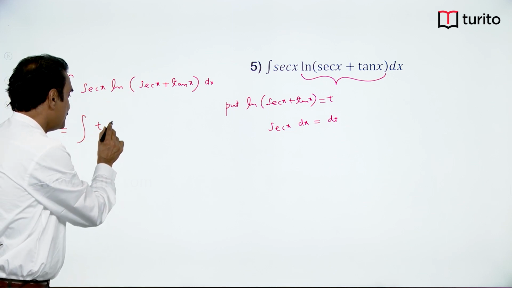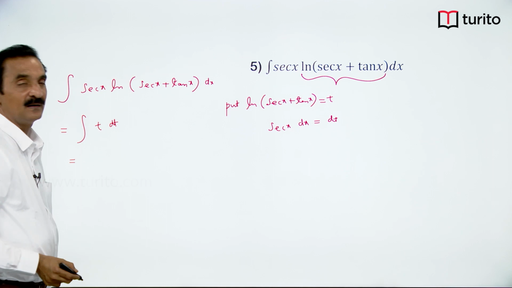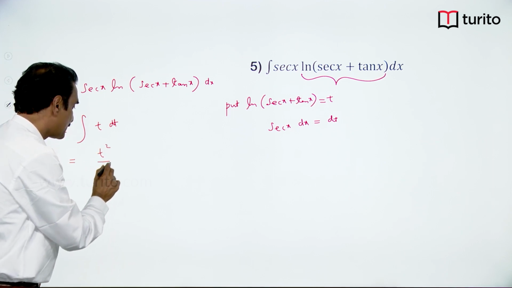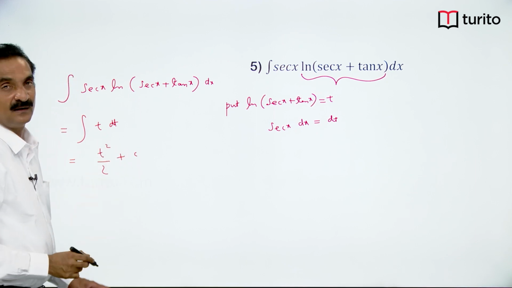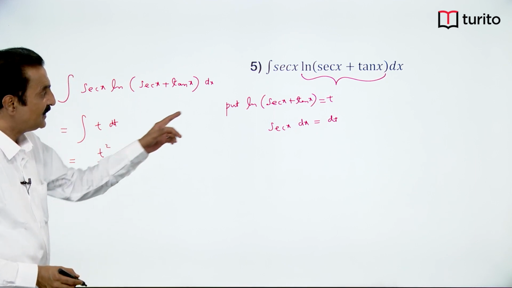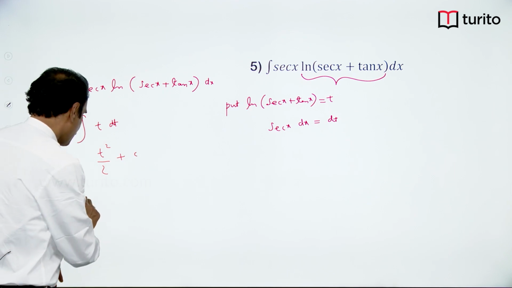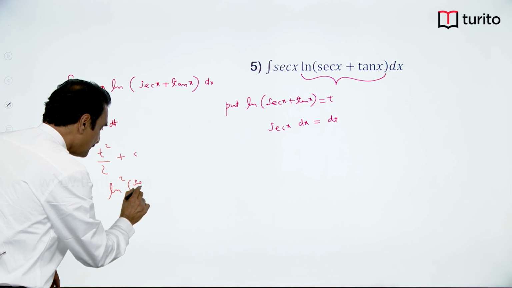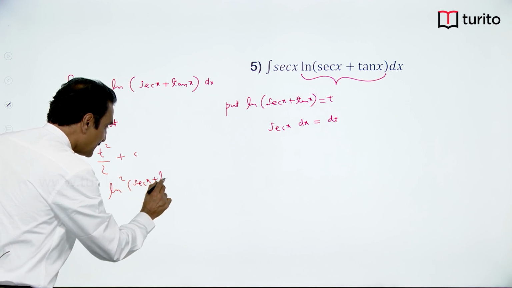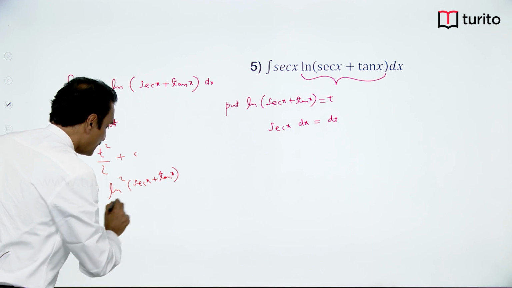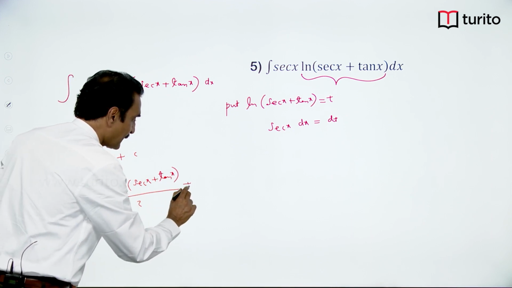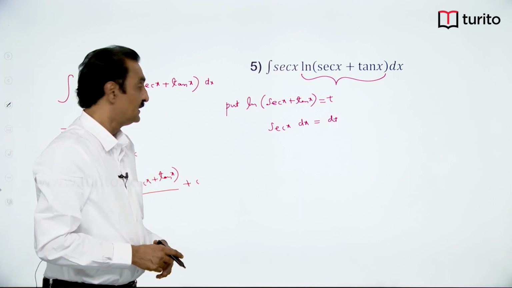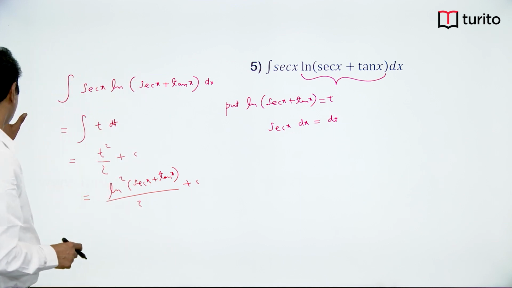So, t dt. What is the integral of t? T square by 2 plus c. Substituting the value of t as ln secant x plus tan x, we can write ln square of secant x plus tan x by 2 plus c. Okay. Moving to next question.